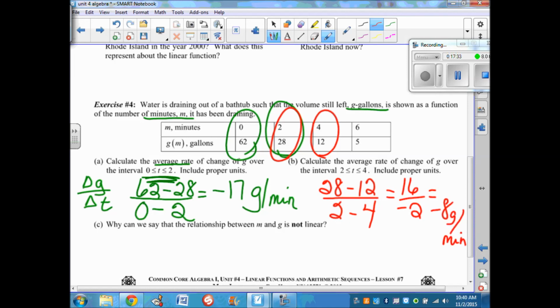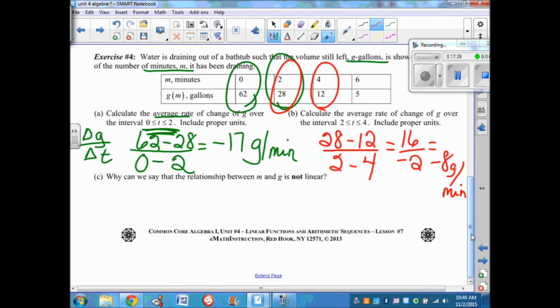Okay? Why can we say that the relationship between M and G is not linear? How do we know that it's not linear? If you look at those two rates of change, what do we know about the linear rate of change? Linear rate of change is always constant. Do we have a constant rate of change in this?